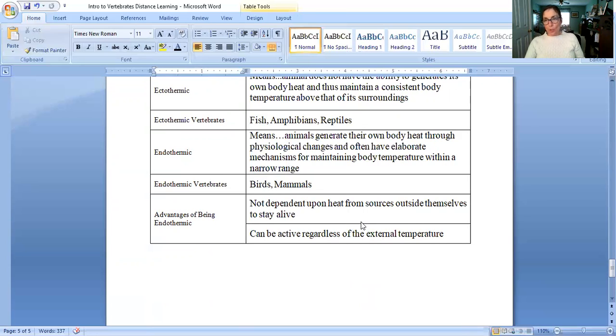That's, of course, not totally true, because if you're in minus 50 degrees Fahrenheit, you're only going to be able to be active for so long before you freeze to death, and we can't just pop you in the oven and have you being fine. So that's a little bit of an exaggeration there, but I would say that you can be active at a really wide range of external temperatures. And so you're not so vulnerable to the environment. Okay, so that's our introduction to vertebrates.